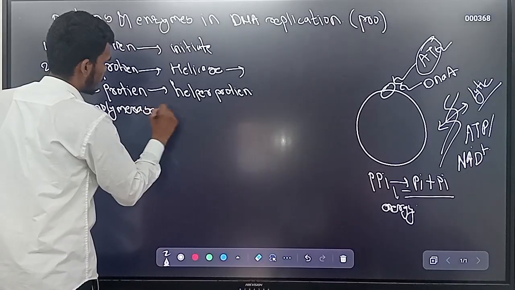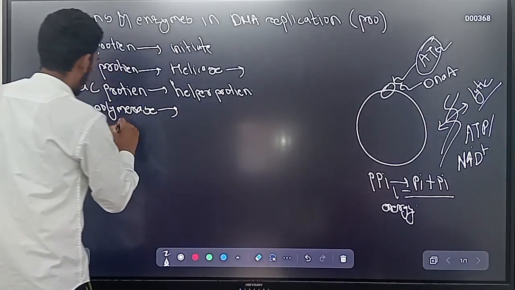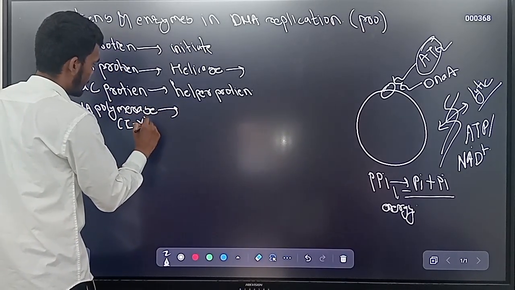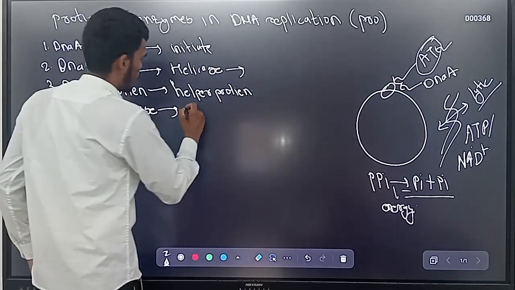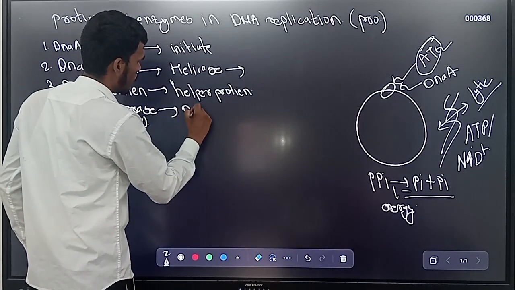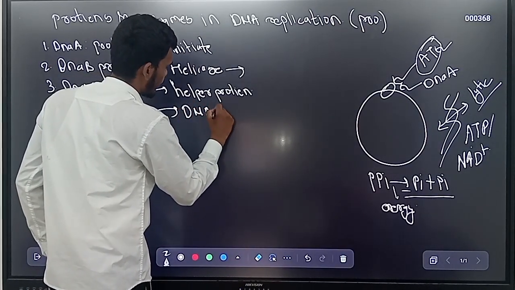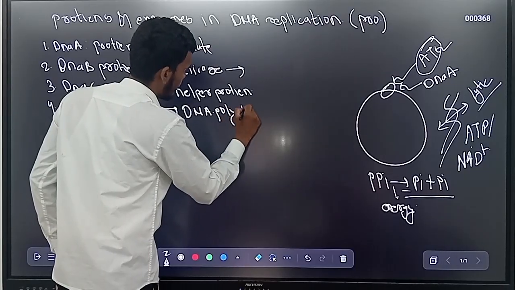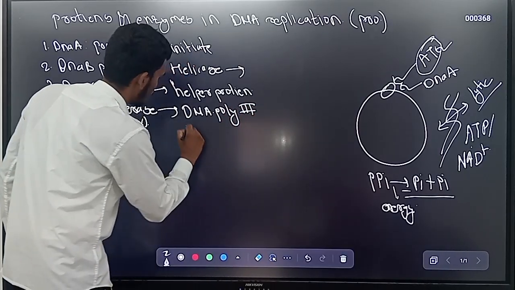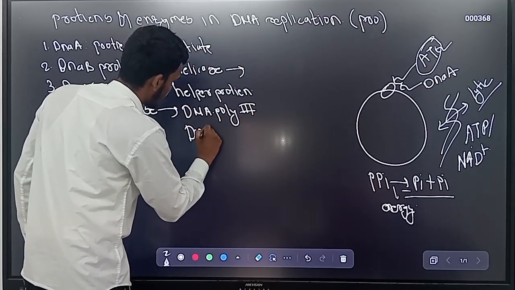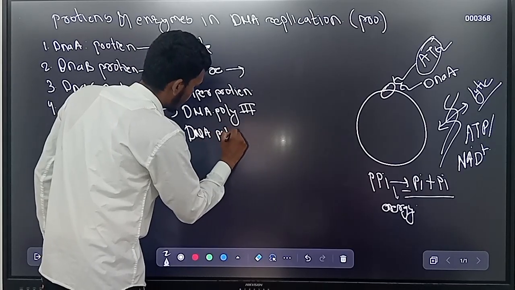So the third protein is DnaC protein or enzyme. What is the significance of this protein?